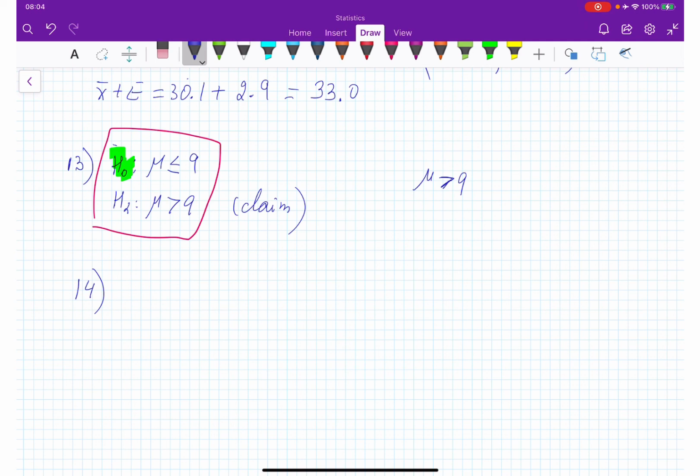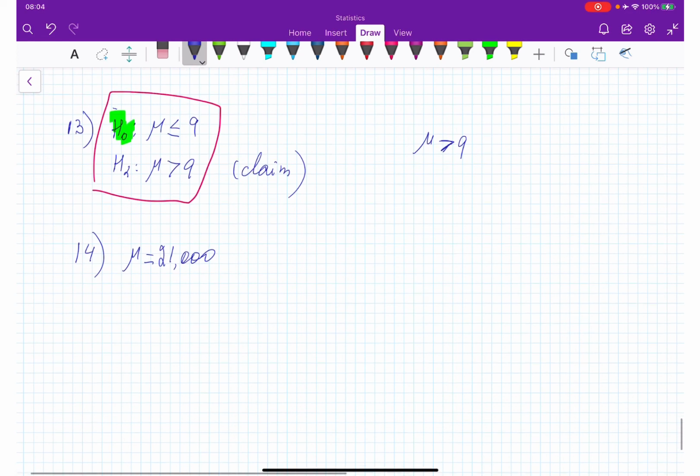It says is, which means mu is 21,000. So if it's equal, we remember what I said: the equal sign always goes to the null hypothesis, which means the claim is the null hypothesis, mu is equal to 21,000.